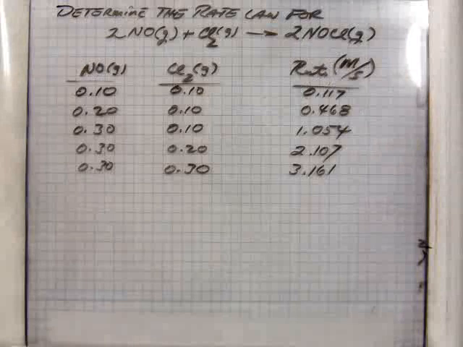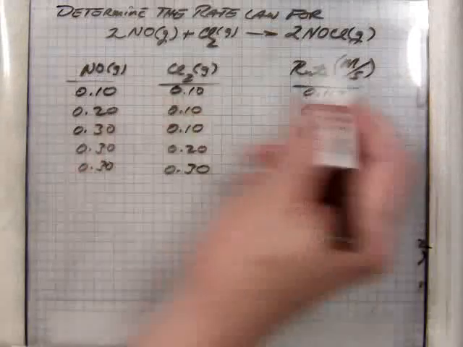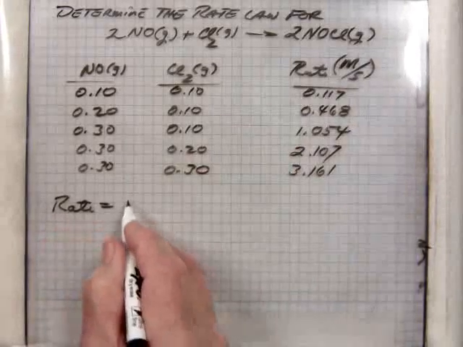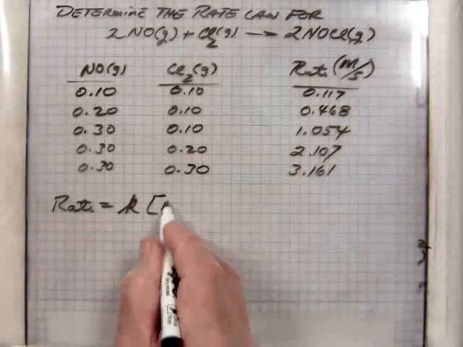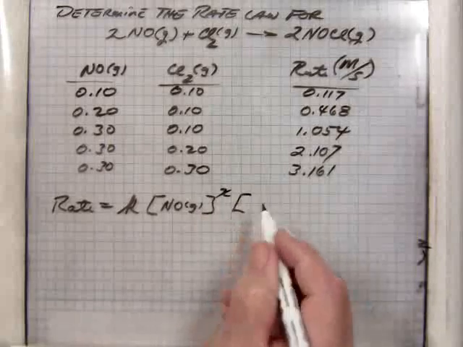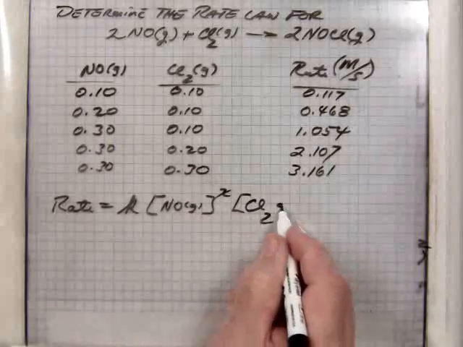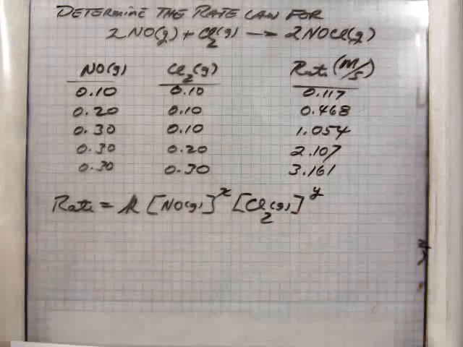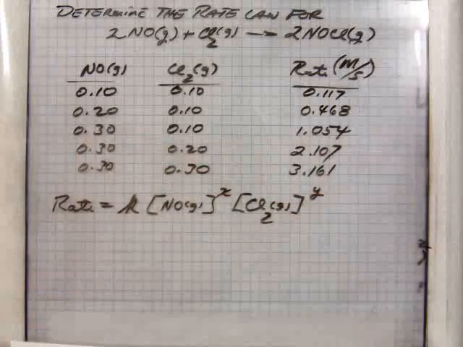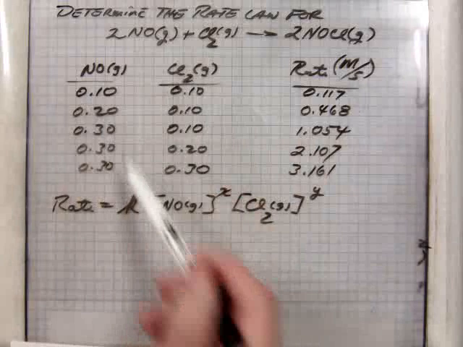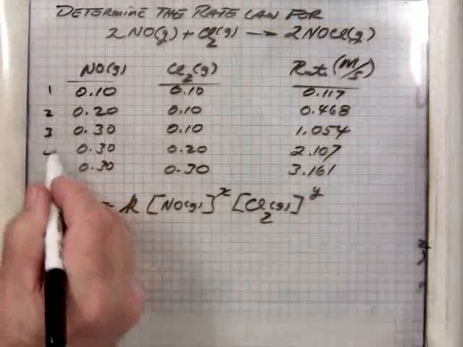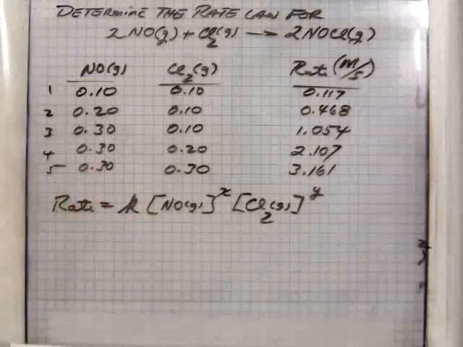So here's your reaction. So you simply go rate is equal to k, and NO as a gas raised to, say, the X power, and chlorine gas raised to the Y power. To evaluate the experimental data, notice how you've got concentrations in different experiments, say 1, 2, 3, 4, 5 tests you're looking at.